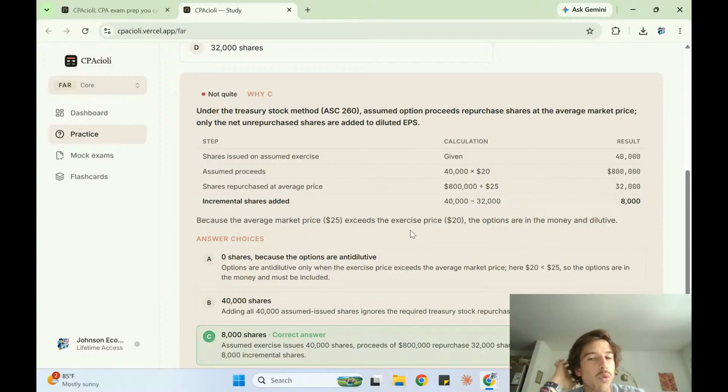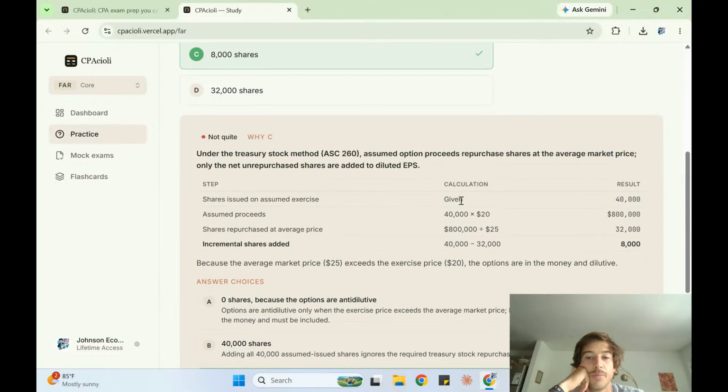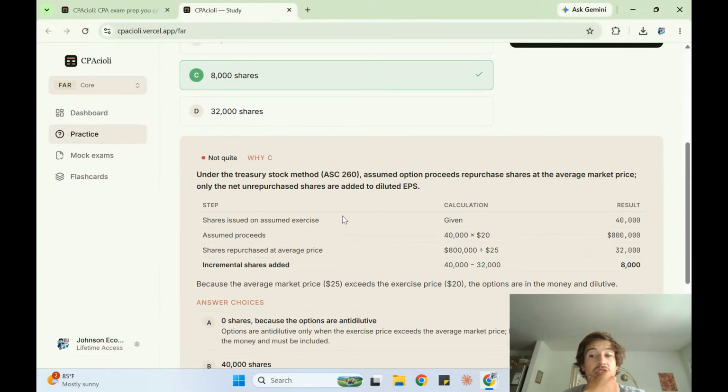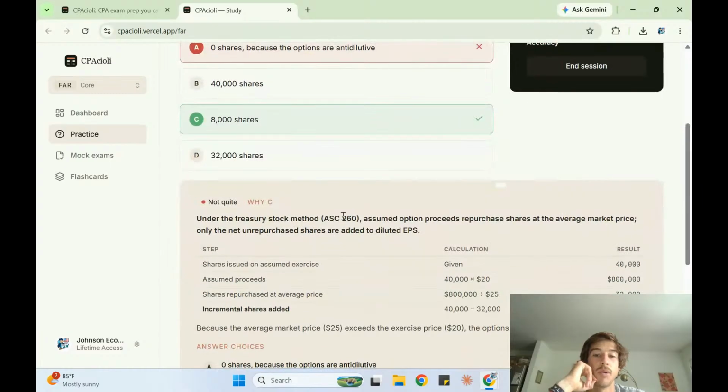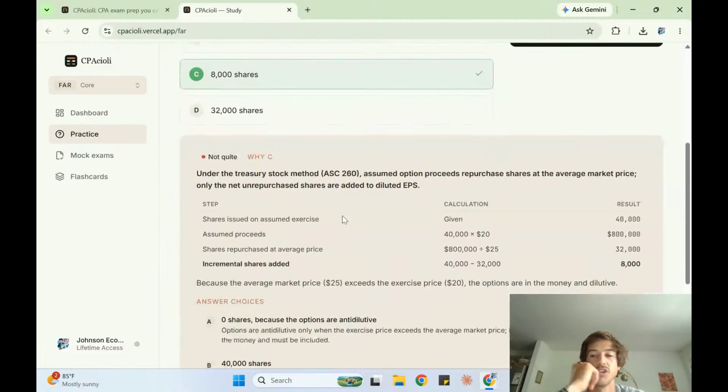Result 40,000. Assume proceeds 800,000. Share average price. Okay. So you multiply it by the assumed proceeds, but then divide it by the average price. And so the incremental shares that were added would be the difference between the two.